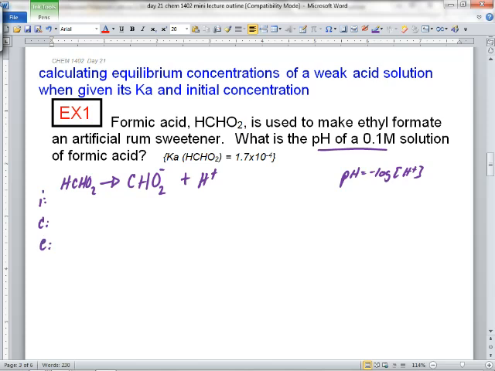Okay, so what are we going to put in our ICE table? Initial row, Javier, what are you going to put? 0.1 where? The HCHO2. Does everybody agree? Is that the initial concentration of the HCHO2?